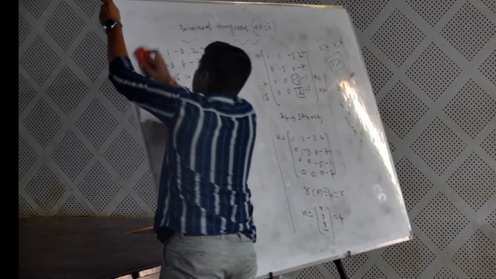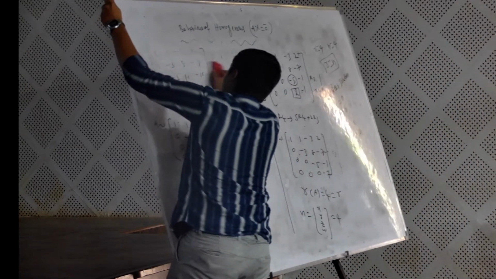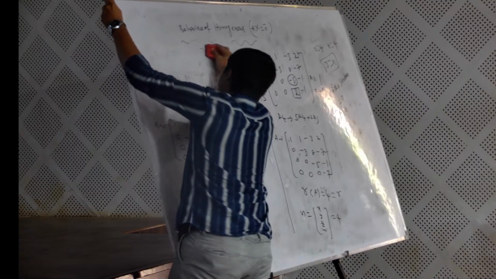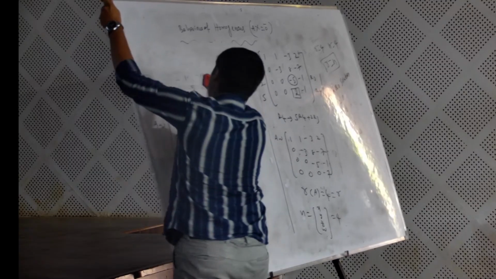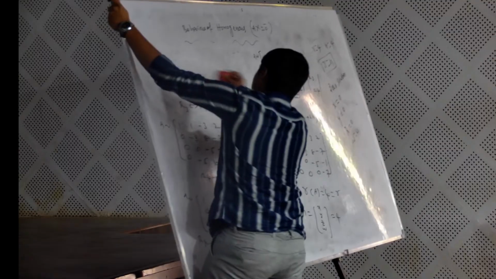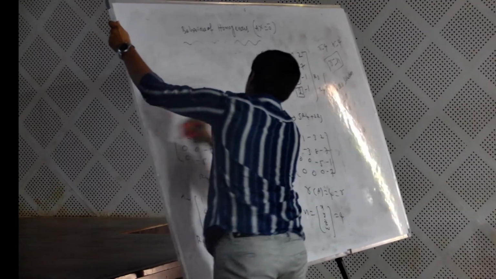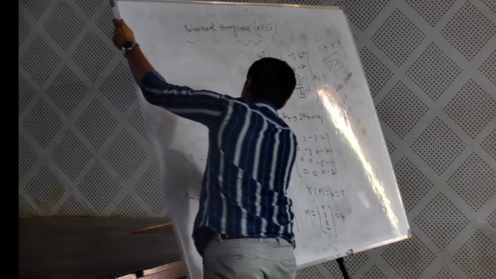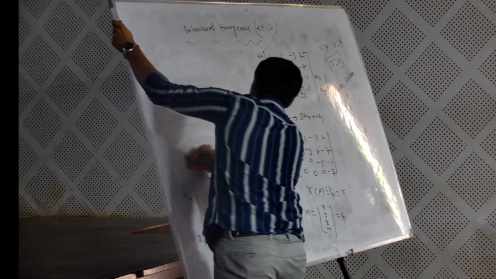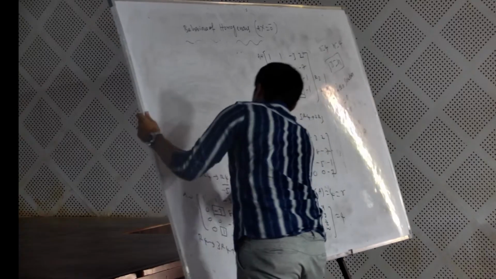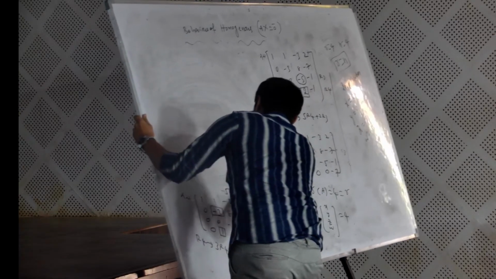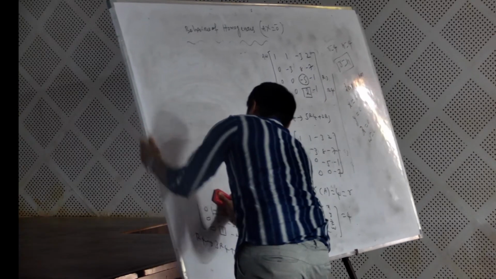It started with the word consistency. Is it consistent? Yes or no? A solution is there. X0, Y0, Z0, W0. It's called a solution. So the zero solution is also a solution. Right, note.